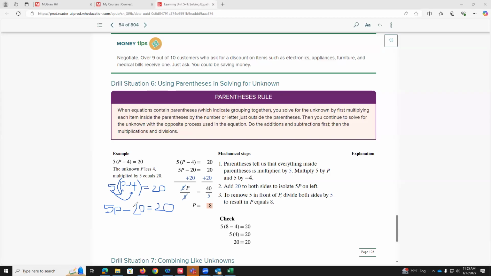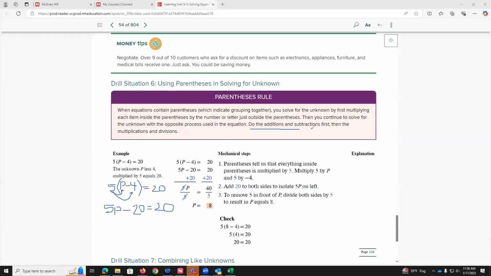Now we've got an equation that looks pretty familiar. We've already done some like this. So I know I've got to get my letter by itself, and what I do on one side of the equation, I've got to do on the other. And I use the opposite mathematical function to separate the letters from the numbers. So what we're going to do first is get rid of that 20.